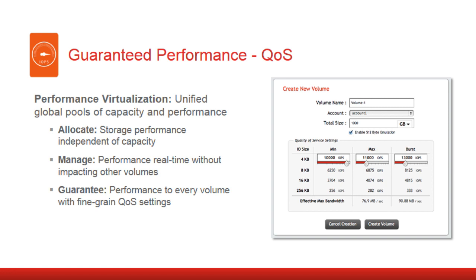So I'm going to give it a minimum amount of IOPS, a maximum amount of IOPS, and some burst as well in case I do need to go beyond that maximum for a short period of time. And then also there's an account. I apologize, it's hard to read, but on the right-hand side, the second one down is an account, and that is the multi-tenancy aspect of this.